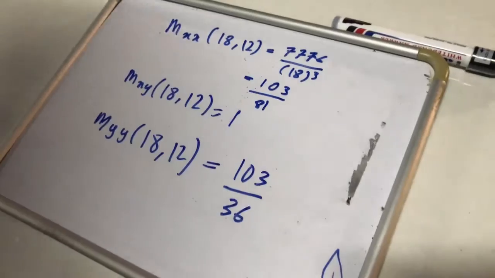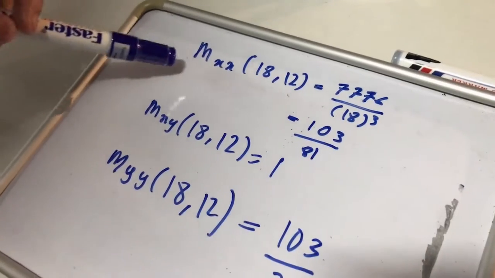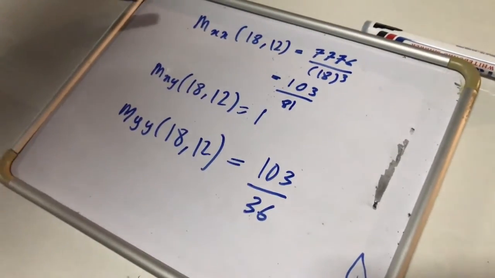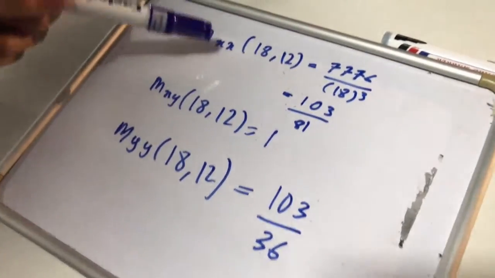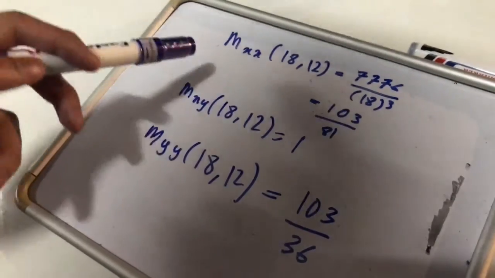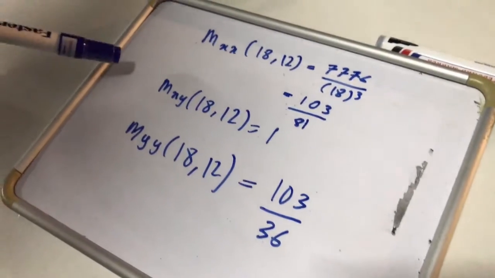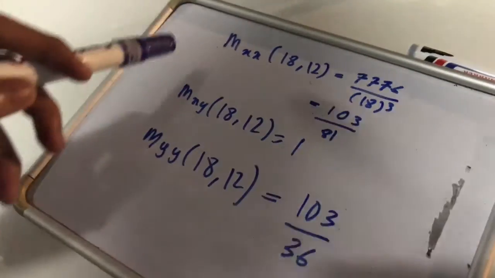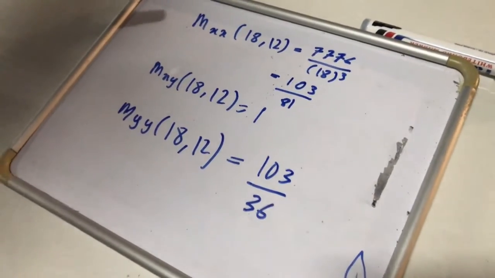Okay, this is the del square f over del x square. So we put the x and y into the equation, 7776 over 18 to the power of 3. So we calculate, then we get 103 over 81.